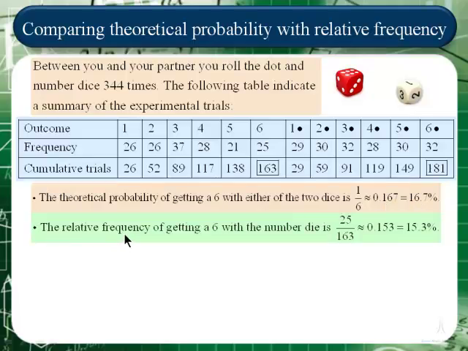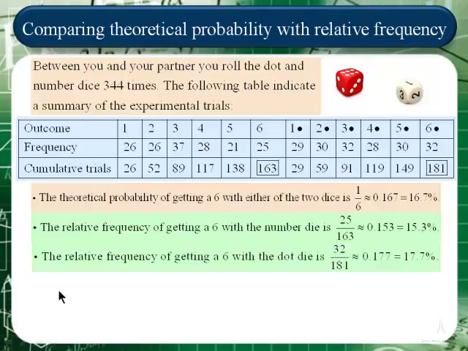While the relative frequency of getting a 6 with the number die is clearly 25 over 163. So that's the number of positive outcomes of getting the number 6 divided by the number of times the experiment was repeated, say by yourself. And that gives us 15.3%. So it is close but a little bit less than the theoretical probability.